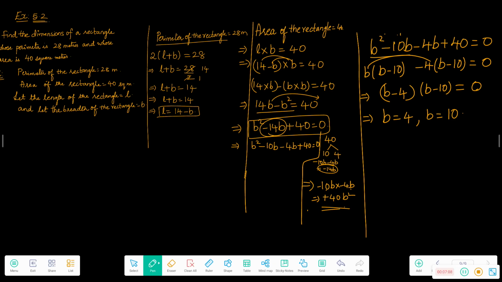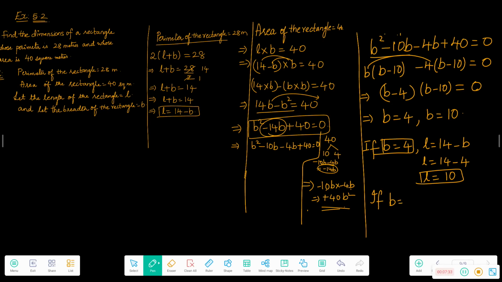If B is equal to 4, then L value is equal to 14 minus B. In place of B I am substituting the value, so L is 14 minus 4, which is 10. If B is 4, the L value will be 10.